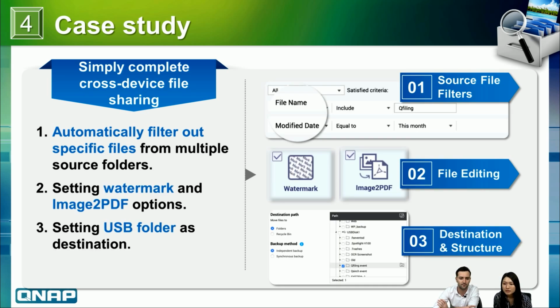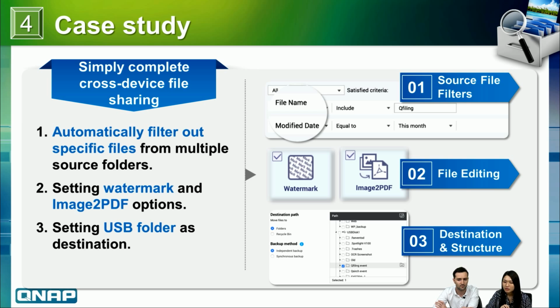And the next one is that you can choose specific files, like I want to share images and videos with my friends, and I want to prevent them from using these files in another way, so I can add a watermark on them and merge the images into one PDF.